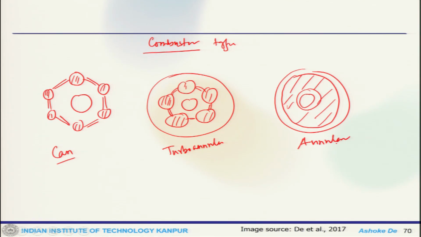There also the development has been made, they try to mix this can annular kind of combustor, and that has some advantages, some disadvantages, but this is what has been tried by different people.